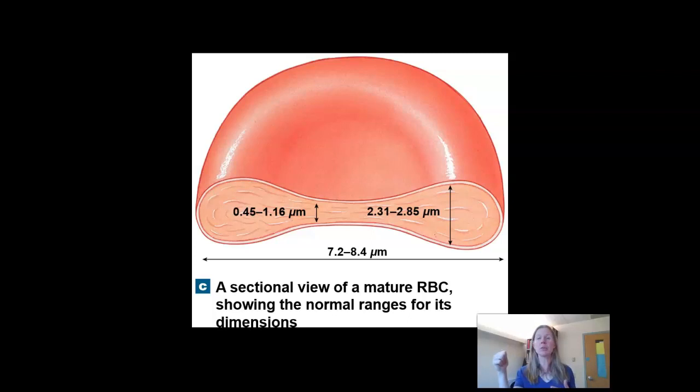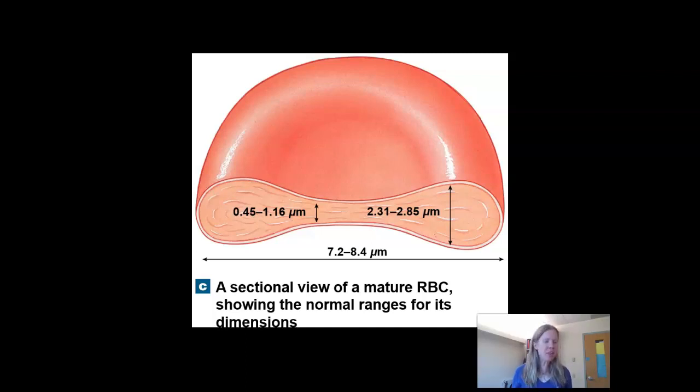It gives the nucleus the boot so that it can carry that much more hemoglobin and therefore that much more oxygen. This shape also gives it a really large surface area per its volume, right? So huge surface area for the volume of the cell means that we're going to get really fast gas exchange, which is what we need when we pass through the lungs or working tissues.